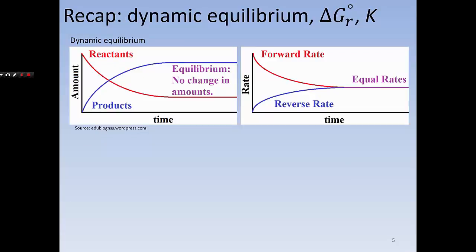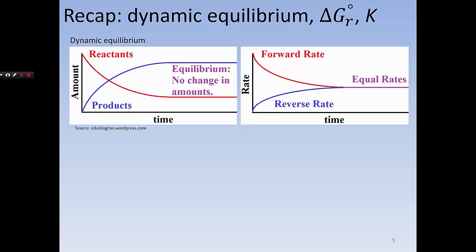Before we dive directly into today's topic, let's recap what we have learned about Gibbs free energy, dynamic equilibrium, and equilibrium constant. We now know that the equilibrium constant means a state of balance. The concentration of reactant and products do not change over time once equilibrium has been established.